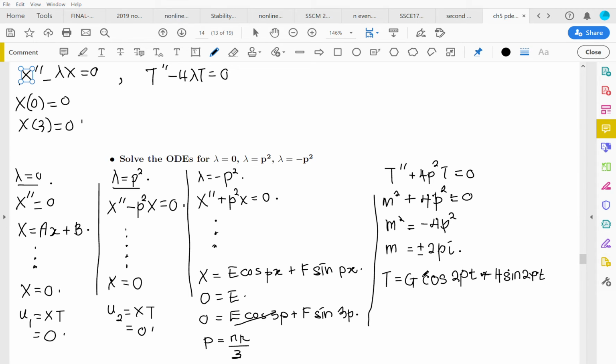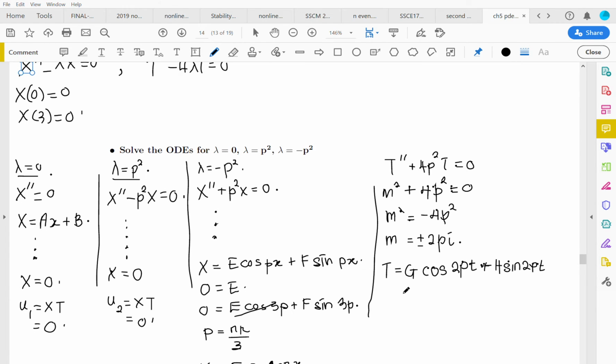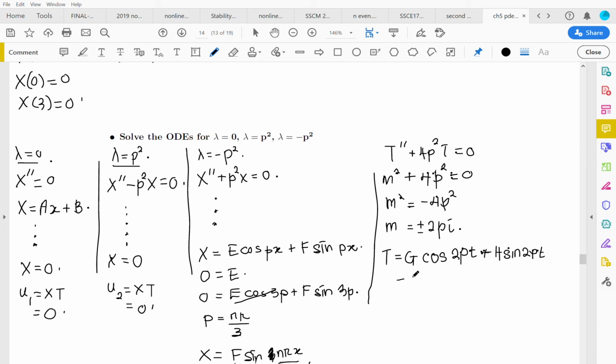And then p is already known, so we can replace it. It becomes g cos 2n pi t over 3, plus h sin, replacing p, 2n pi t over 3.